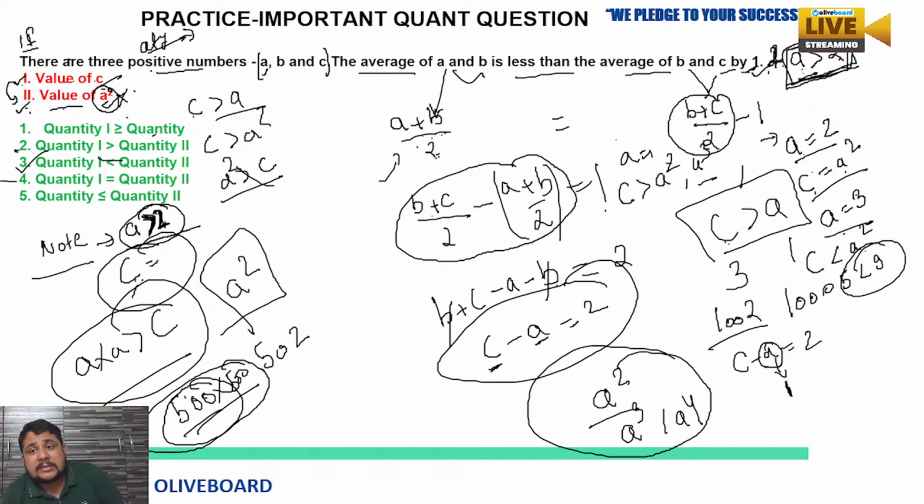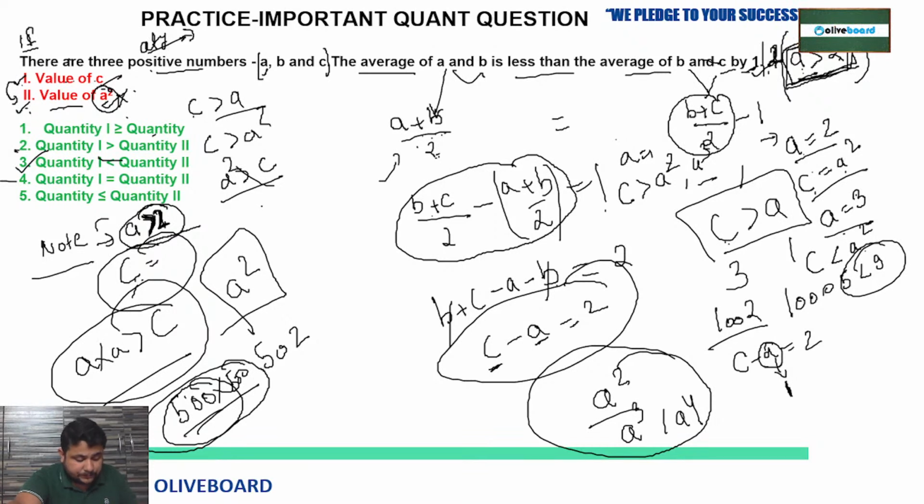So when this data is not given, which I mentioned here, A is greater than 2, and only the data given earlier in the question is given, what you will do, you will go with no relation. They will give you the option that relation cannot be established. Okay, you will choose that one in that scenario. Are you getting my point now?